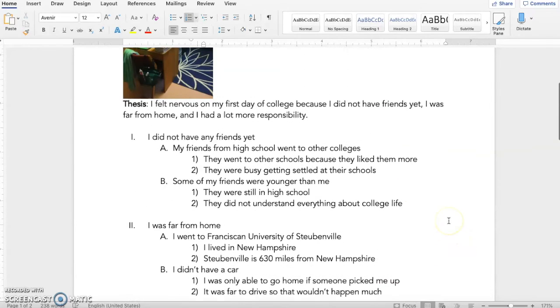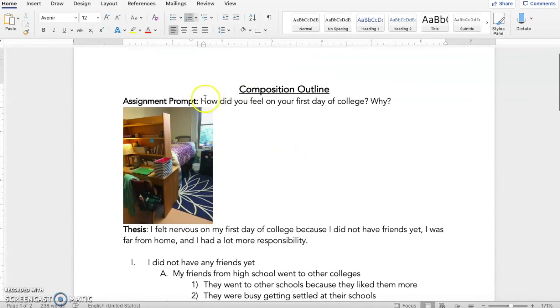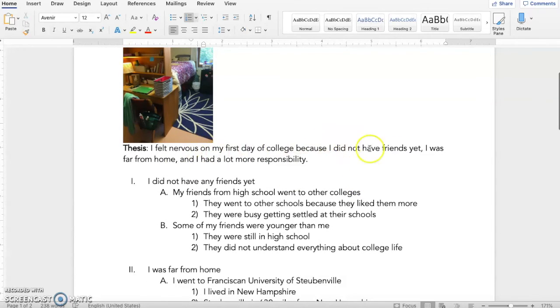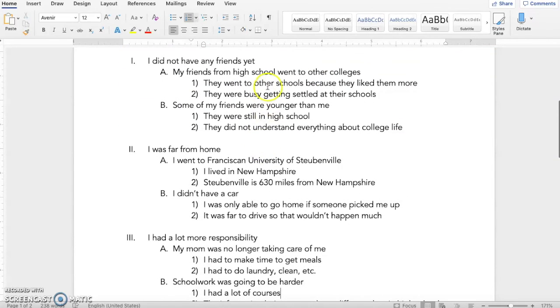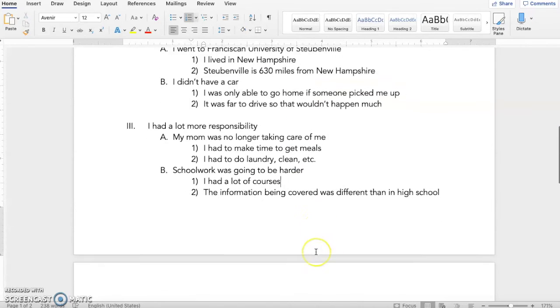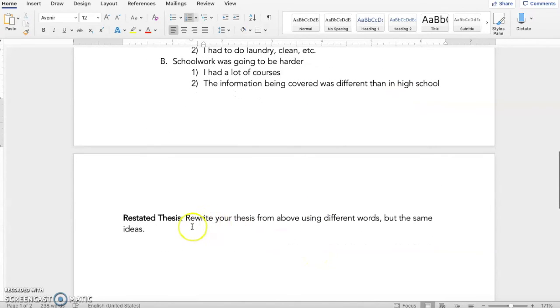So I've now gone through and I've taken my assignment and I have made it into a thesis having 3 main ideas. And then I expanded upon each idea to have enough information to fill a good paragraph for each idea. So, as I close out, I'm going to rewrite my thesis from above using different words but the same ideas.